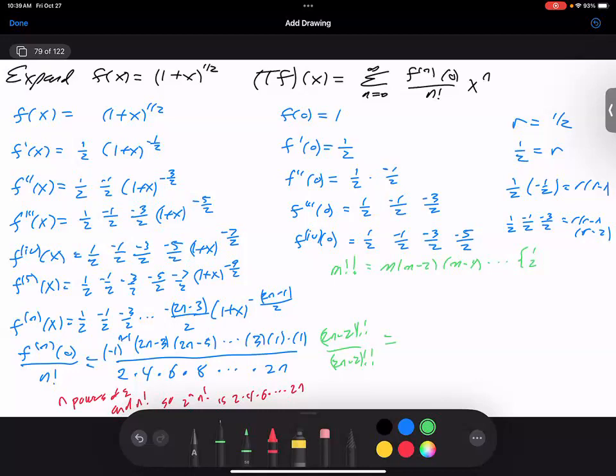And when I do that, I'm now going to get the numerator is -1 to the n minus 1. I'll then have 2n minus 2 factorial. And down below, I'm actually going to factor things out maybe a little bit. 2 to the n times n factorial. And then 2n minus 2 is going to be 2 to the n minus 2, or maybe n minus 1. N minus 1 factorial.